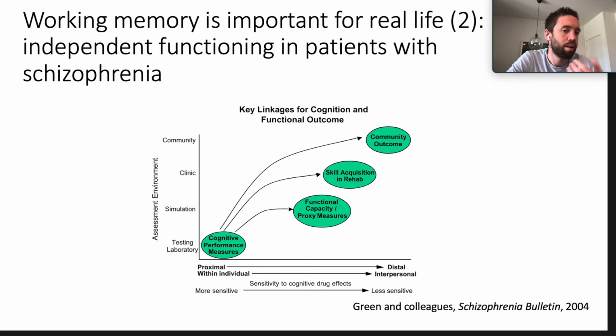So, for example, whether they're able to successfully live independently, return to work, and reintegrate into the community. So this tells us that perhaps cognitive symptoms, including working memory, should be thought of more seriously as a target for medication and intervention in people with certain psychiatric disorders.